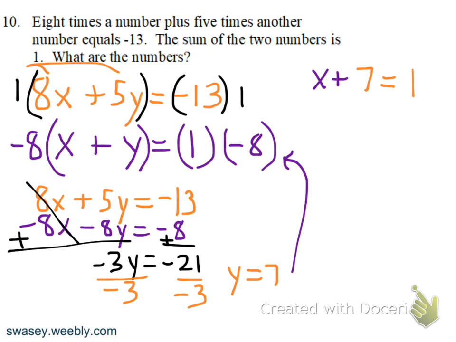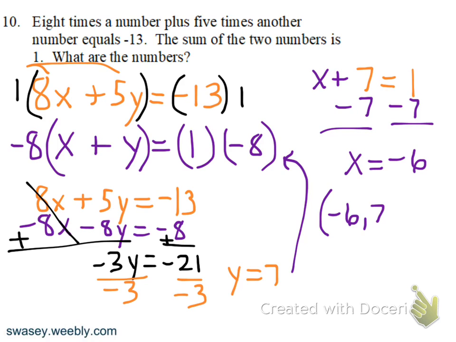To get rid of plus 7, subtract 7 from each side. So we get x equal to negative 6. So our two numbers are negative 6 and 7. Negative 6 plus 7 is 1, and then you can plug it into the top equation as well.